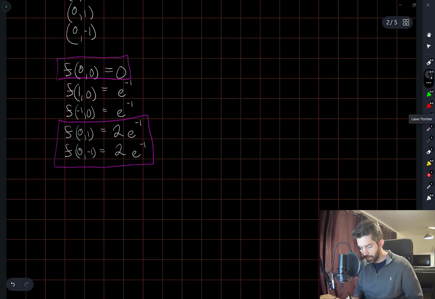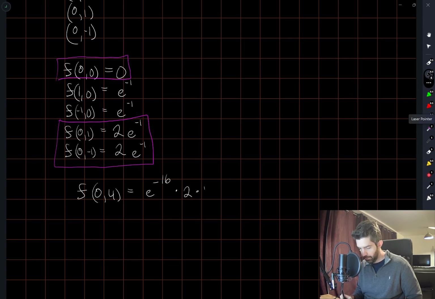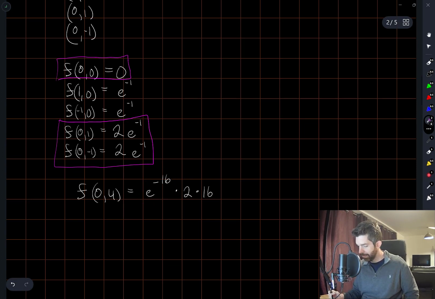Even if we just ballpark this, f(0,4), this is e to the negative 16 times 2 times 16, and this is tiny, right? This is extremely small.